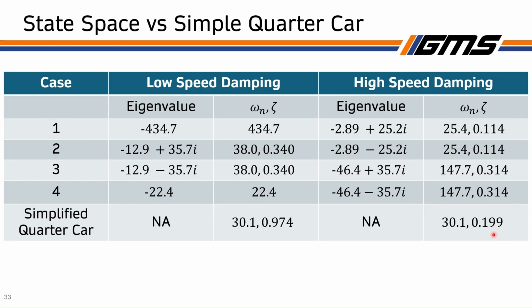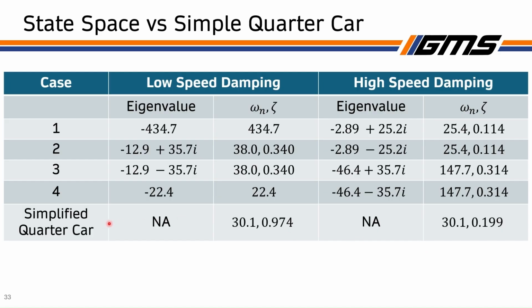So you can see that our damping ratio guesstimate was actually not that far off over here, but our natural frequency was really off for this higher one, though it was not too bad for this lower one. So just a great way to compare, right?